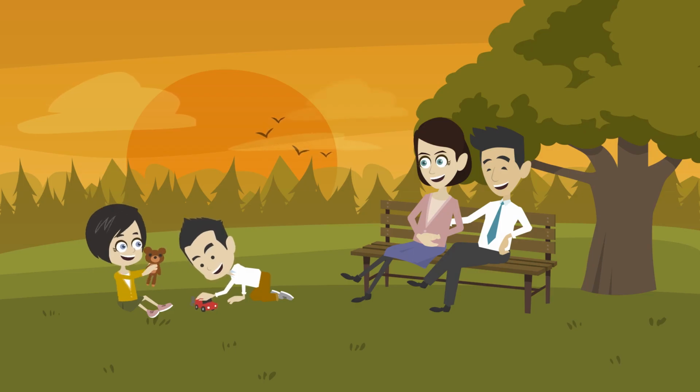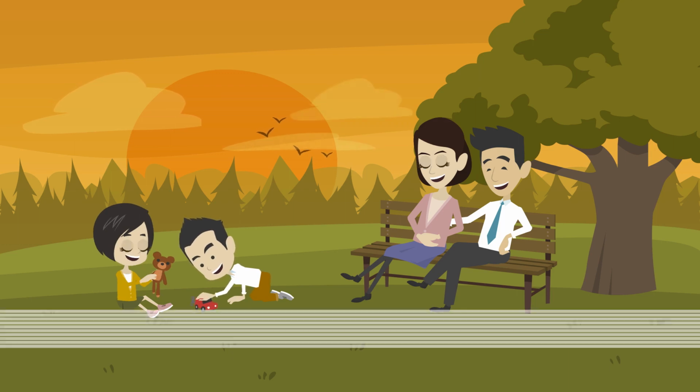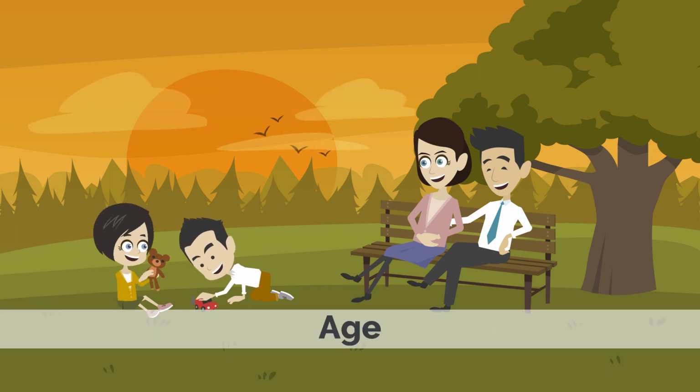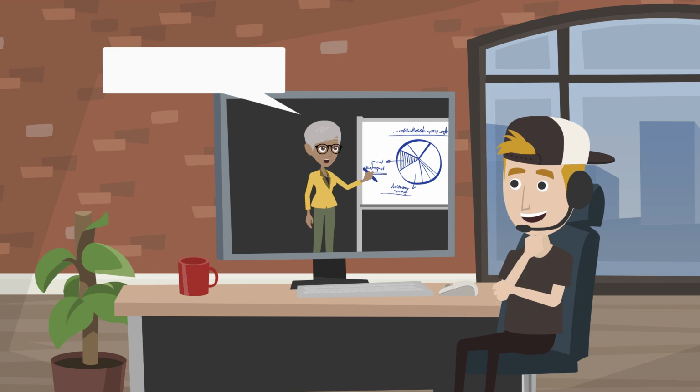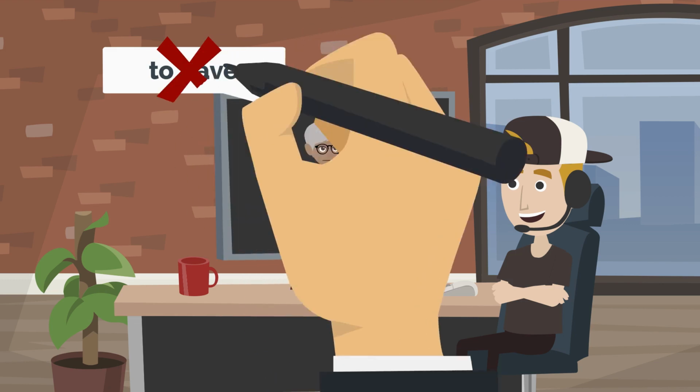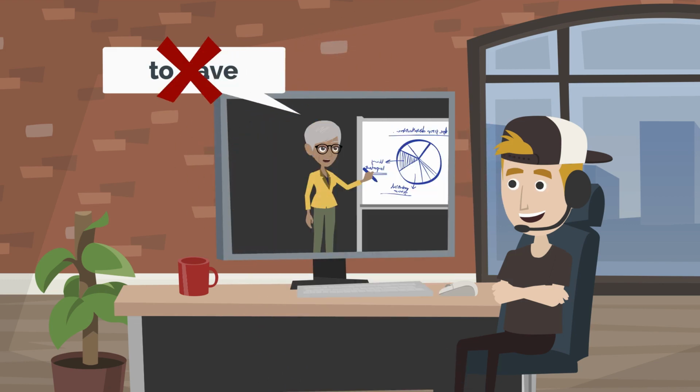One exception to this rule in English is when talking about age. It is very common for English learners to use to have for age. However, in English, we use the verb to be with age.